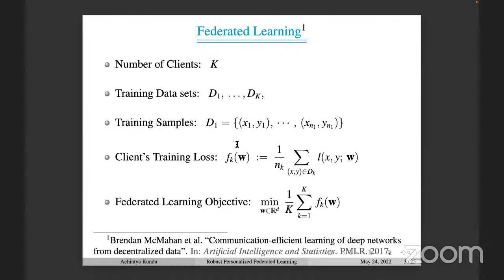In a standard setting, if a client has these n1 samples, they can define the training loss over those samples and try to optimize the particular f_k. So the client k's data defines the loss function for the client k, and then it can optimize over that.